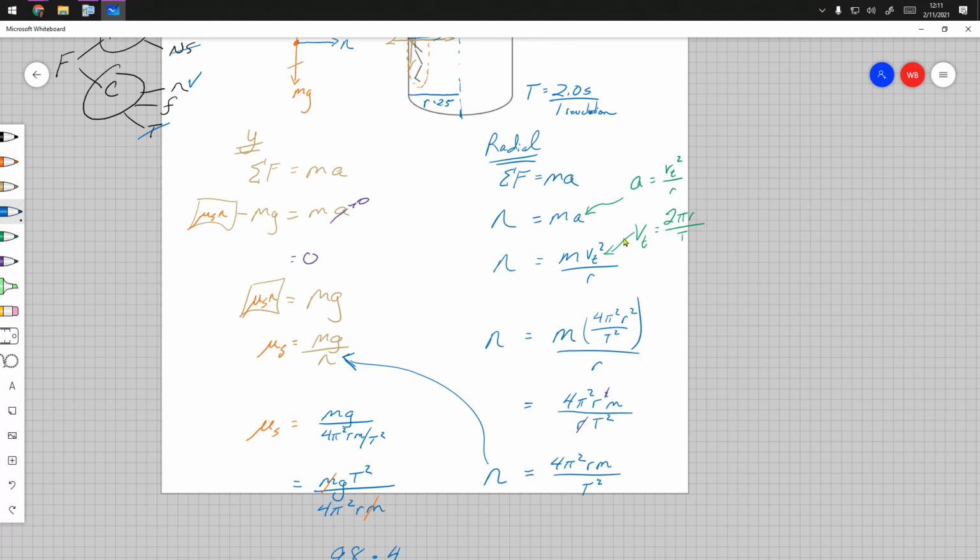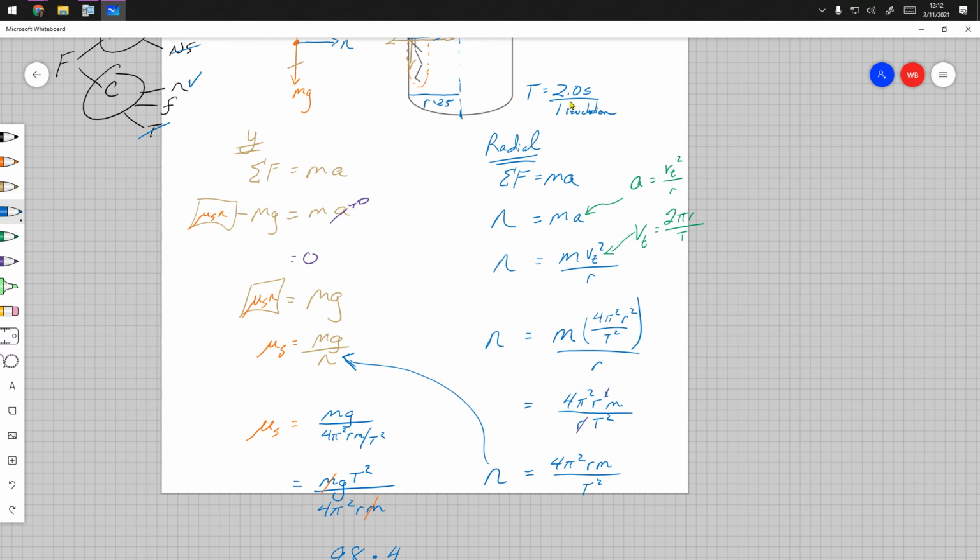That would make your velocity smaller. And then your acceleration would be smaller. And then your normal force would be smaller. And if your normal force was smaller, your friction would be smaller. And so then maybe at some point, if you're going slow enough, the friction wouldn't be as big as the force of gravity. It would be smaller than the force of gravity, and you'd be sliding down there. So it's dependent on how fast you're rotating this ride here. And so it's dependent on how long it takes to go around.